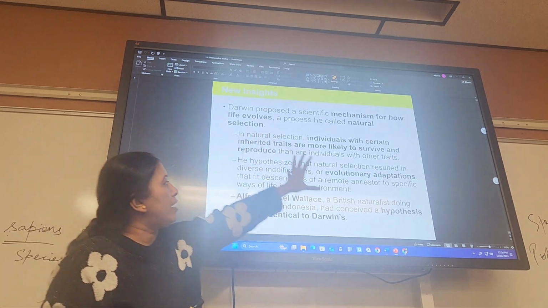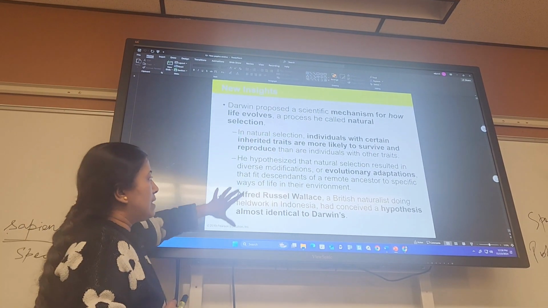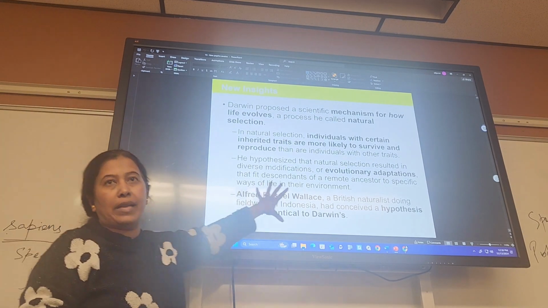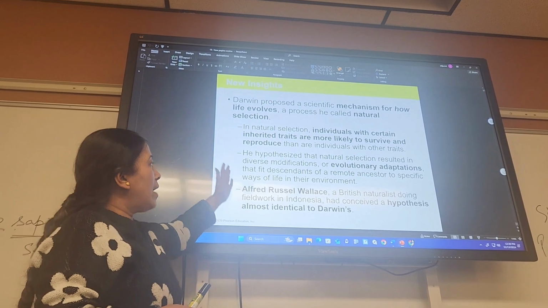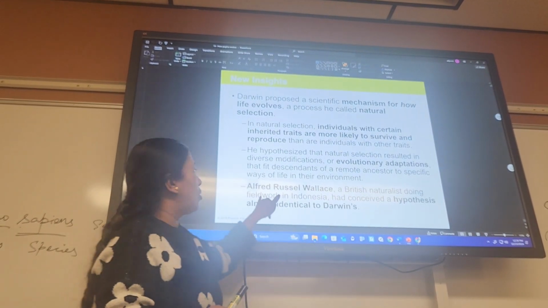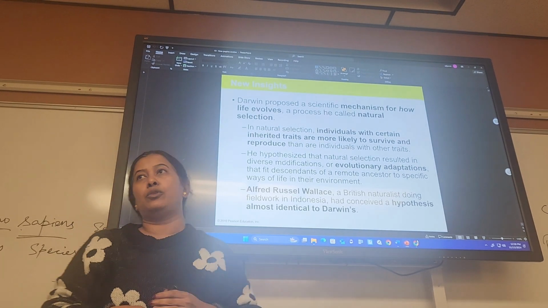Those are evolutionary adaptations. While Darwin was saying this, in another part of the world, in Indonesia, in those days there was no internet, they couldn't have communicated, right? Another British naturalist called Wallace was conceiving a hypothesis very identical to Darwin's.